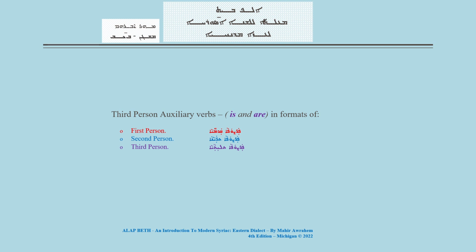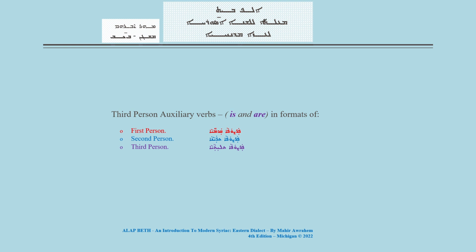The to be, is and are, appear in the following forms for the third person in Syriac. So at the bottom of page 74, there is a table. The right column, ile, which means is for masculine.